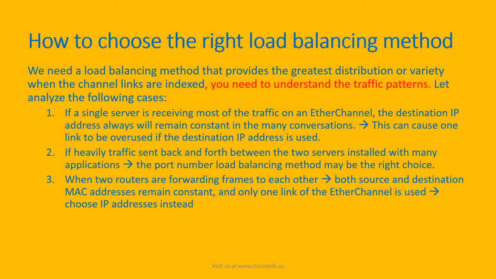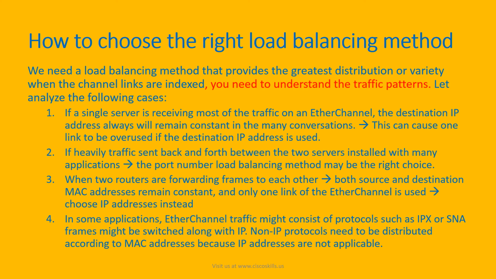In that case, even with source or destination MAC address, it still remains constant, so we should choose the IP address instead, if applicable, because some networks don't use IP addresses.